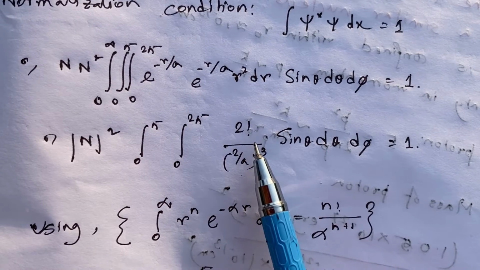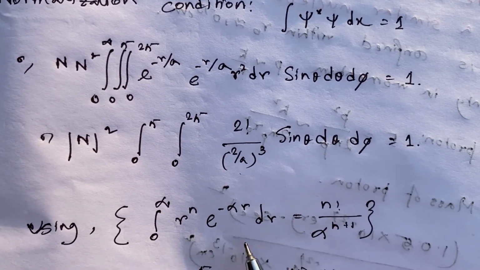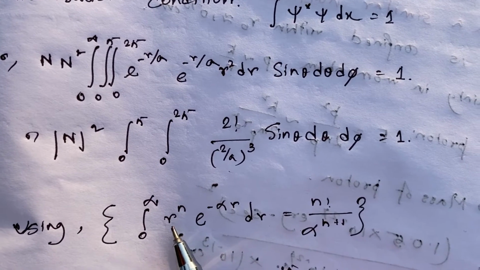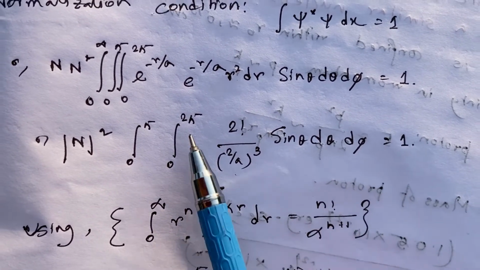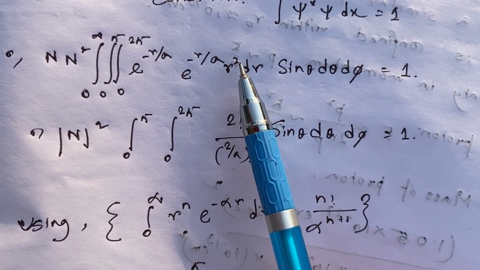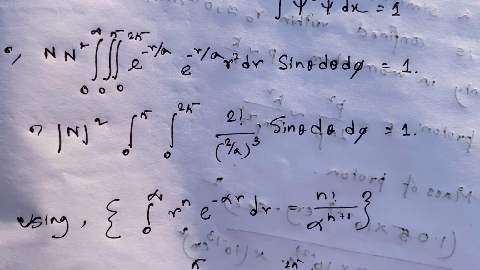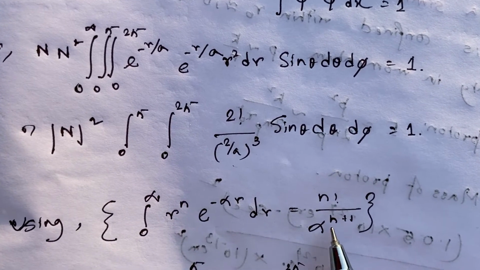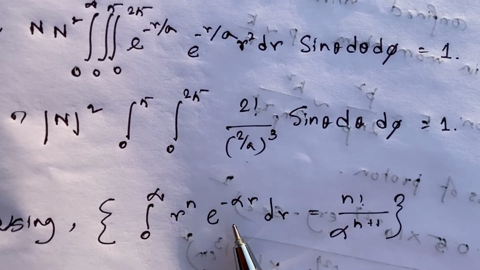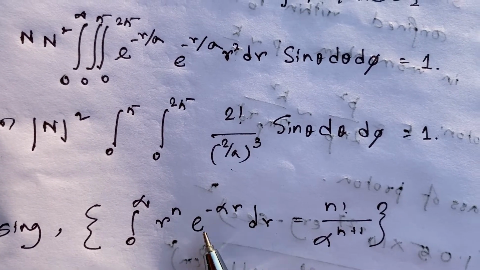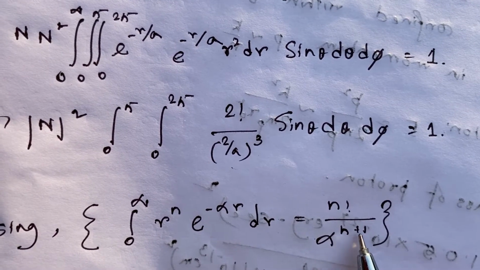Okay, why is this 2? Because this formula tells us that if it is r to the power n, then we need to write n factorial. Here it is r to the power 2, that is r square, so we need to write 2 factorial. We also need to write the constant alpha, which is in the exponent of this exponential term, alpha to the power n plus 1.